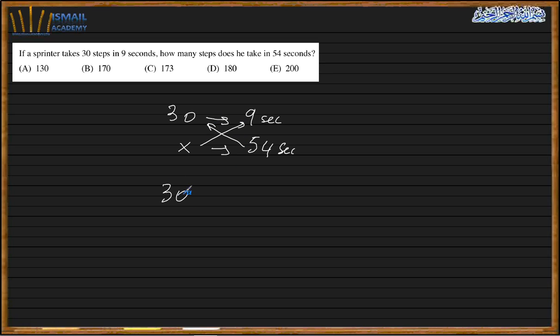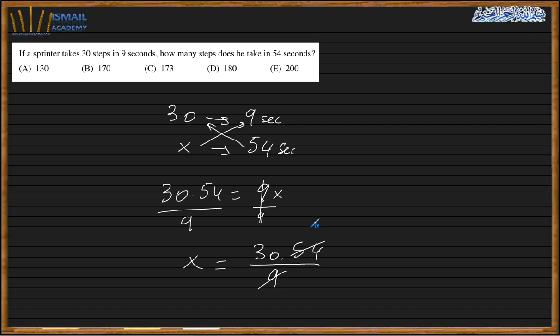So I got 30 times 54 equal 9x. Divide both sides by 9. So x will be 30 times 54 over 9. I cancel here, this is 6. 6 times 30 is 180. So it's going to take 180 steps. D is my answer.